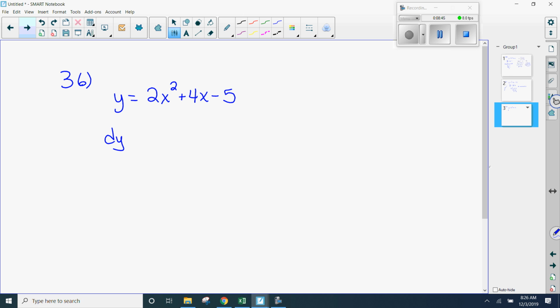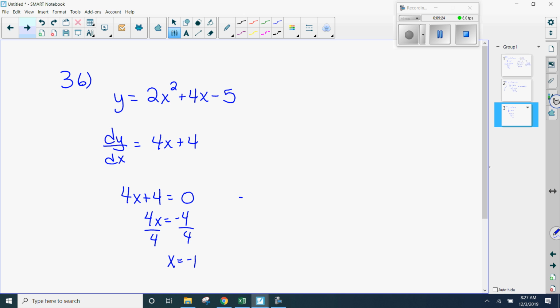What is dy/dx? 4x plus 4. And we want to know where that is going to be positive. So I want to know where it equals 0. So if I set that slope equal to 0, you're going to subtract 4, and you're going to divide by 4, and you get x equals negative 1.